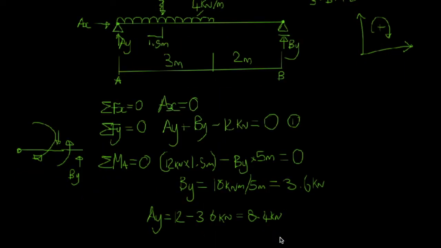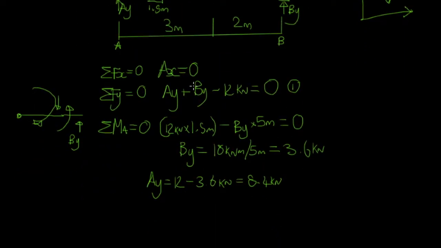Okay, so that looks about right. So we've got our beam, we've got 8.4 kilonewtons at the end that's more heavily loaded, so that makes more sense. Let's draw that back out quickly.